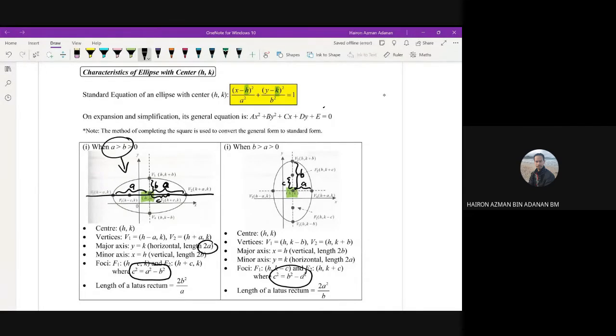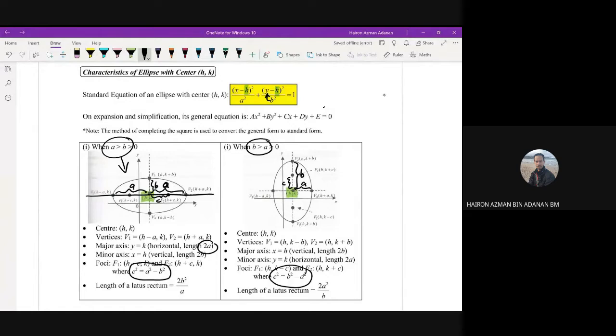But for B more than A, B is below Y, right? So the major axis is parallel to the Y axis. Do you see? Remember? The way to remember: B is under Y, so the major axis is parallel to the Y axis.